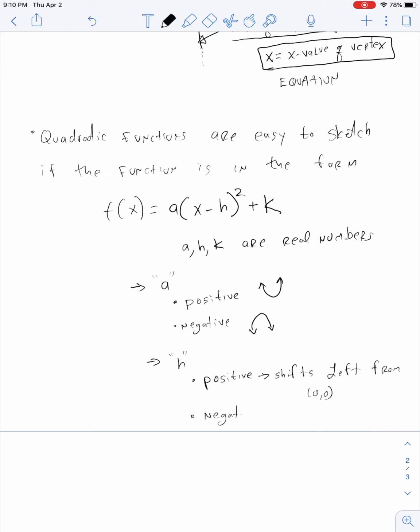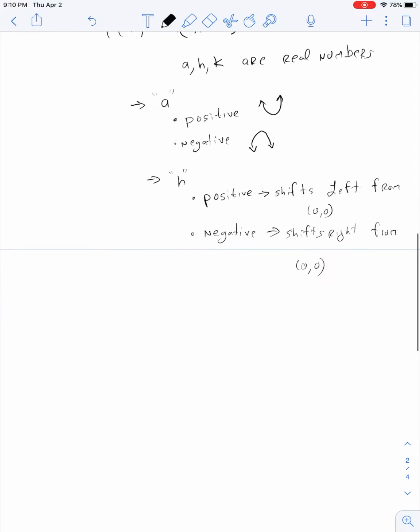If it's negative, it shifts right from 0, 0. Okay, so that's your h.